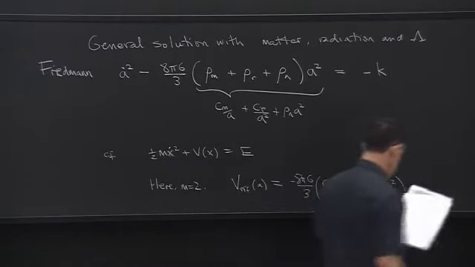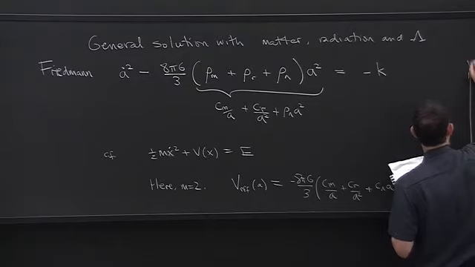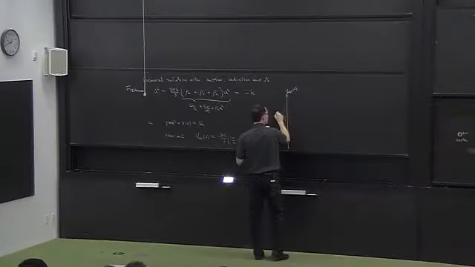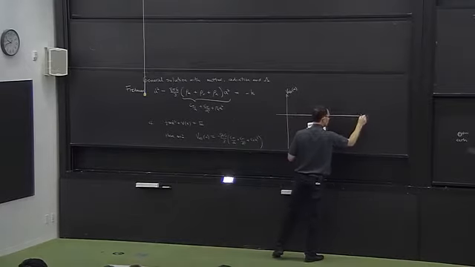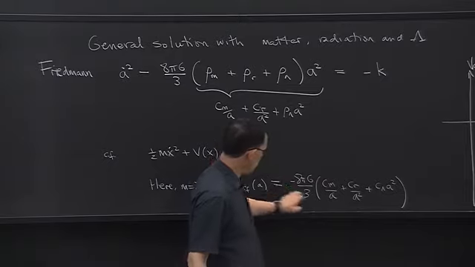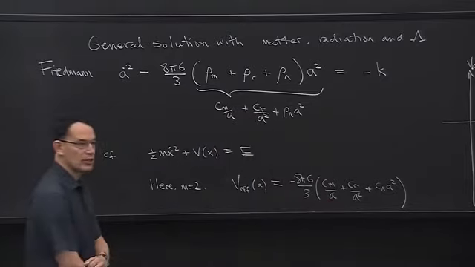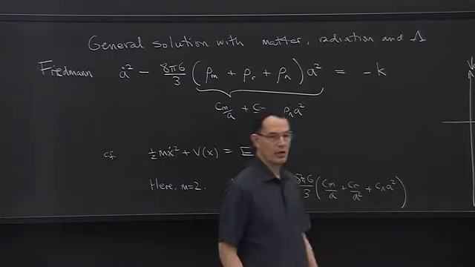So let's make a picture of that effective potential. V effective of A, this is A. You see I've got a minus 1 over A from the matter, minus 1 over A squared from the radiation. So what is the shape of the curve at small a?